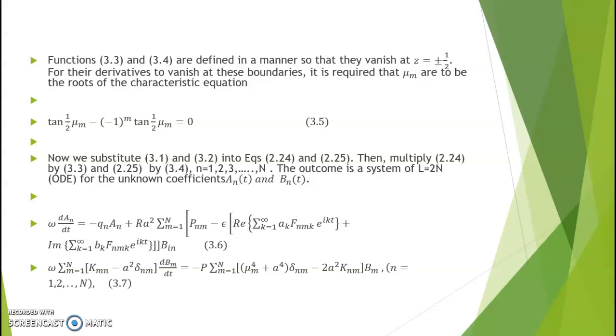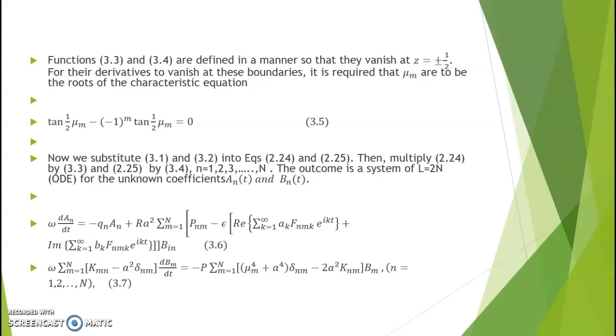When we define the temperature, the equations 3.3 and 3.4 are defined in a manner so that these two equations vanish at z equals plus or minus half, and then it will produce 3.5.